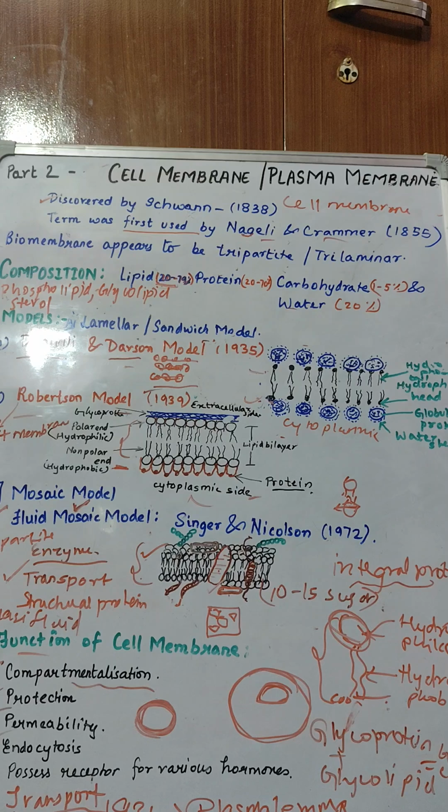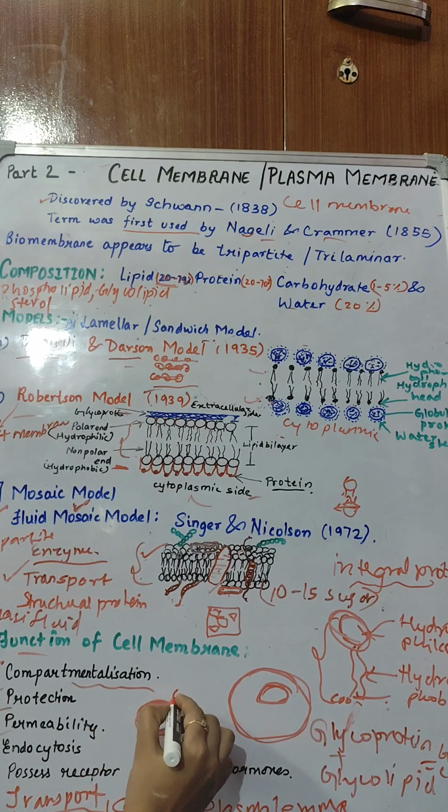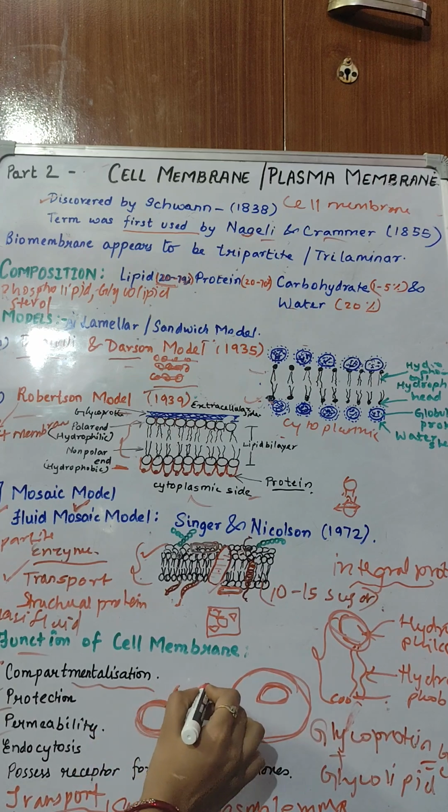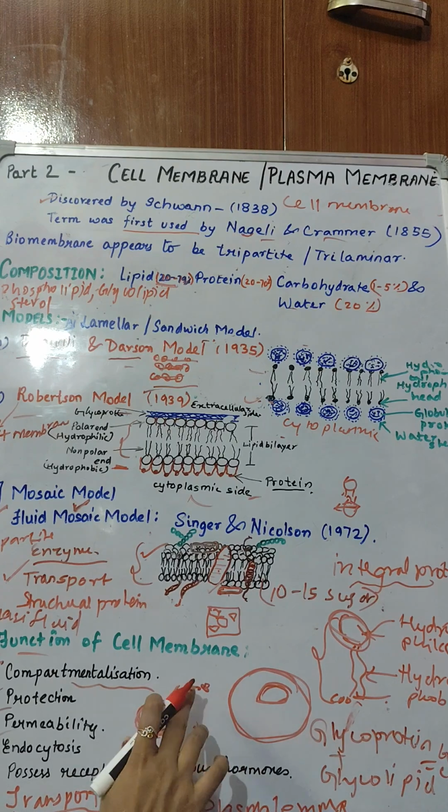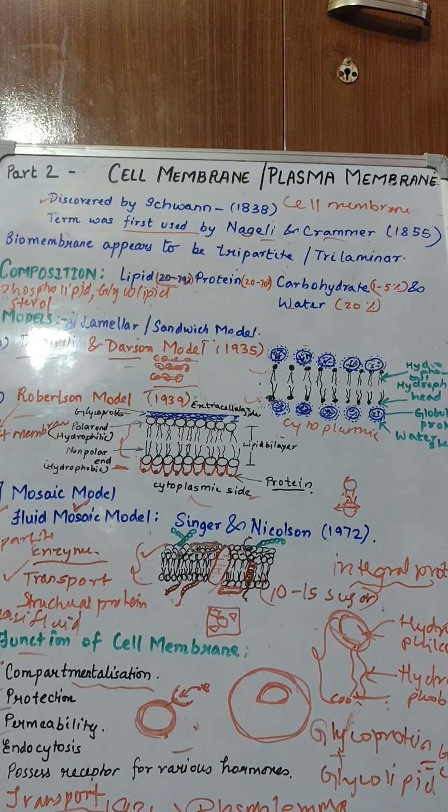We all know hormones cannot directly bind somewhere on the plasma membrane. There is some kind of receptor protein present on the plasma membrane. If it is a membrane, then there is a receptor protein over here, and the signal molecule, your hormone, will come and bind to this receptor. So they possess receptors also. In the same way, they also contain transport channels, transport proteins for molecule entry.